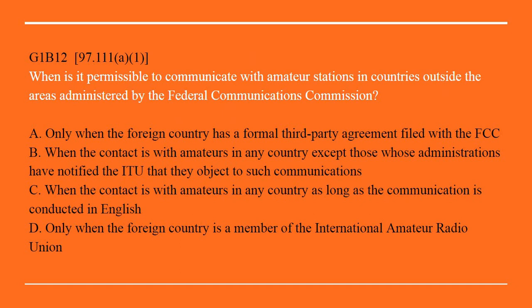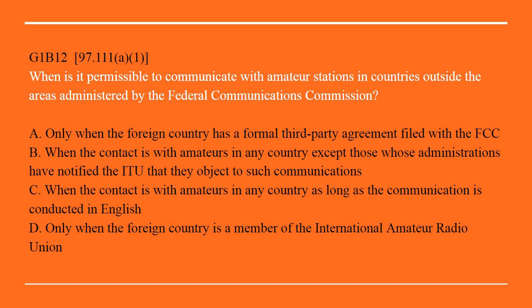G1B12. When is it permissible to communicate with amateur stations in countries outside the areas administered by the Federal Communications Commission? A. Only when the foreign government has a formal third-party agreement filed with the FCC. B. When the contact is with amateurs in any country except those whose administrations have filed or have notified the ITU that they object to such communications.